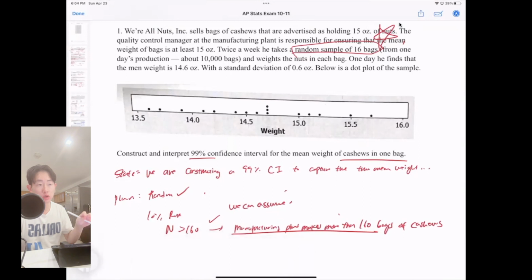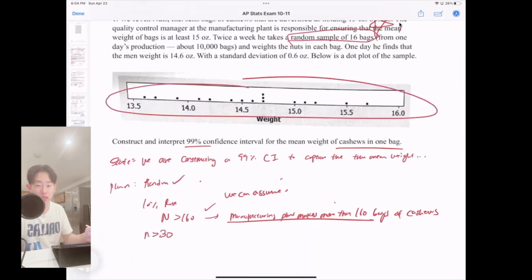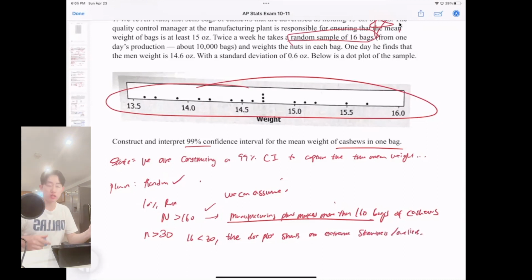And then the last one is making sure that the sample size is greater than 30, which clearly we don't have. But that's what the dot plot is for, right? Since 16 is less than 30, the dot plot shows no extreme skewness or outliers. Therefore, we can proceed with the next step.